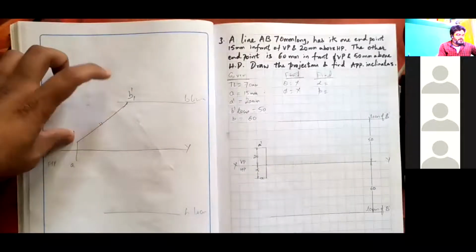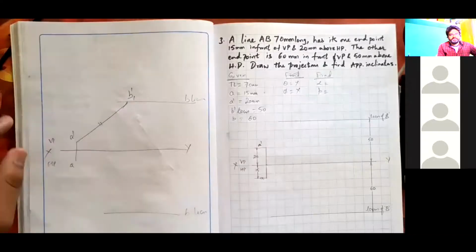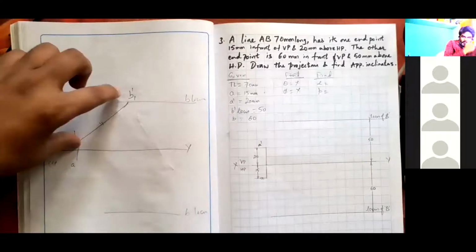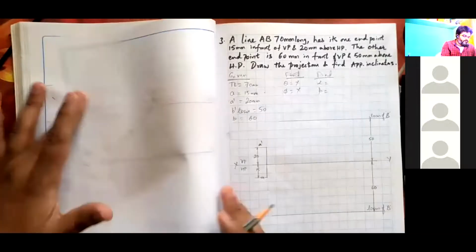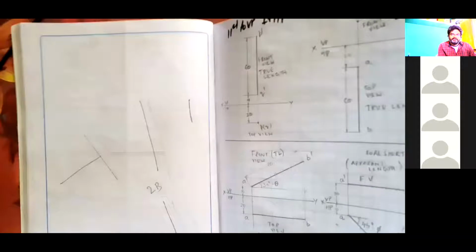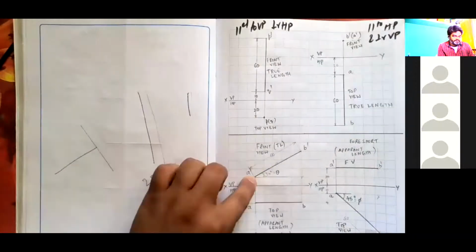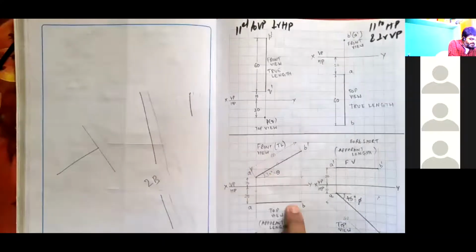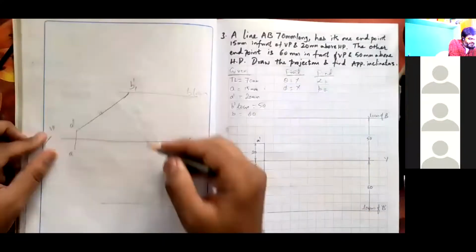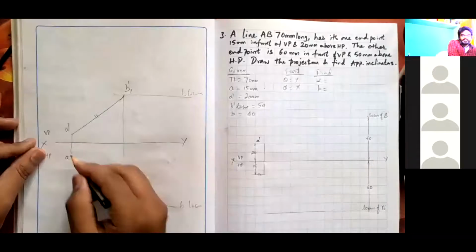So I have got the true length. What should happen next? When I have got the true length, I have to project it downwards to get the top view. I'll project B1 dash downwards till here, till the point of rotation A. So where I get B1.